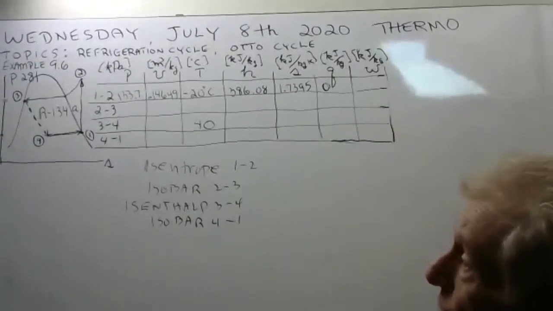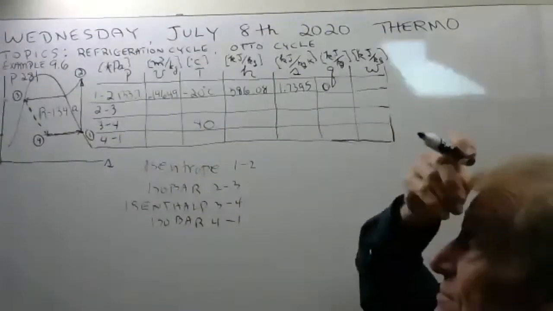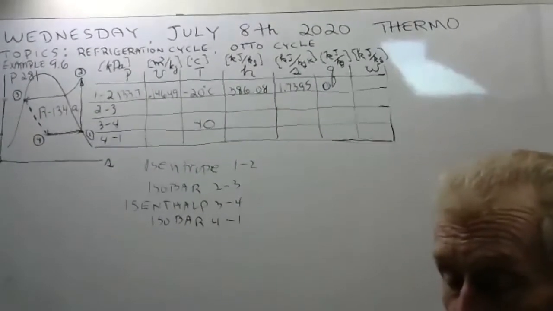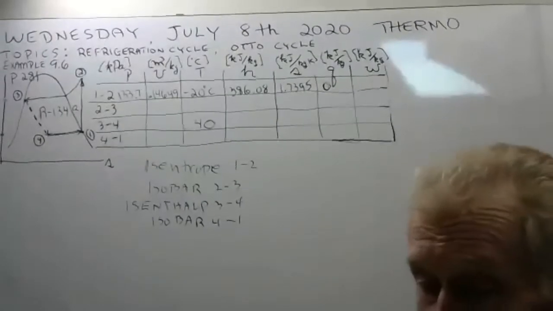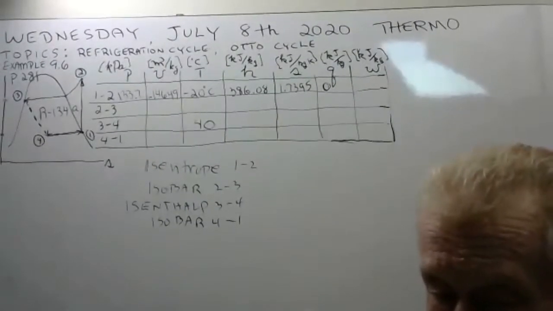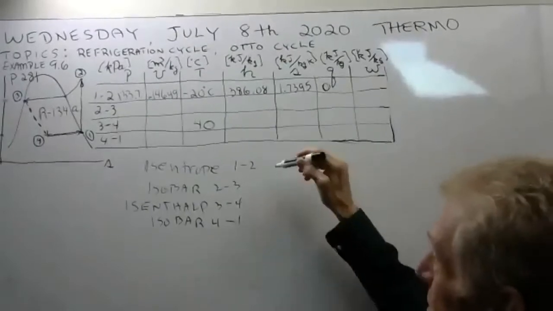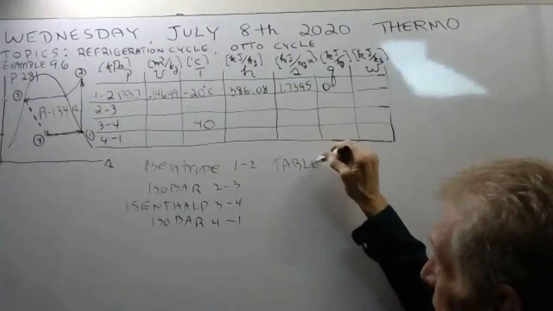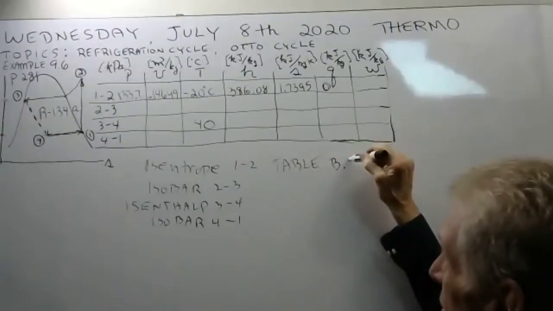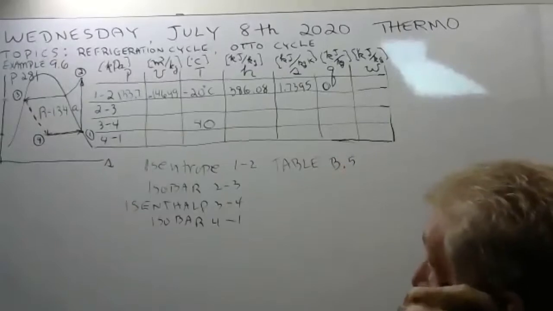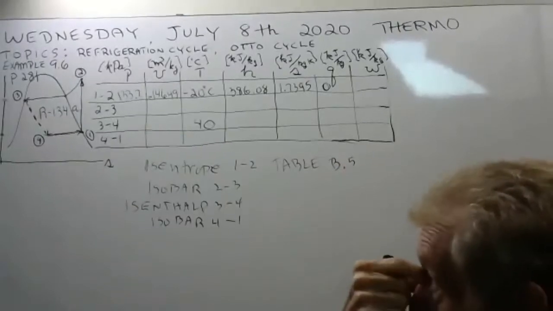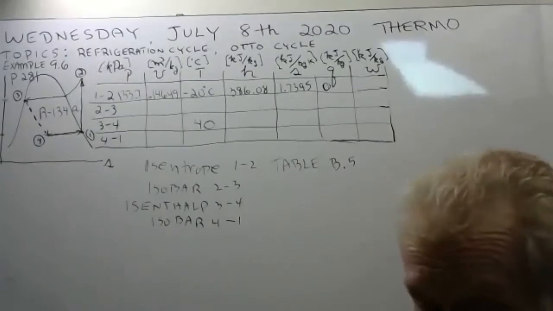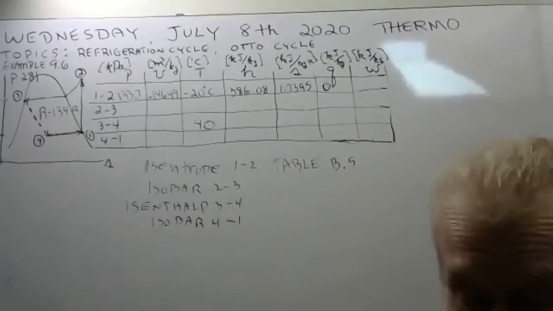And see, if you got 40 degrees, we could just look it up. Go to the tables again. By the way, I'm on table B.5. I'm going to go to saturated liquid, and I'm going to write down the pressure at 40 degrees. Here we go.